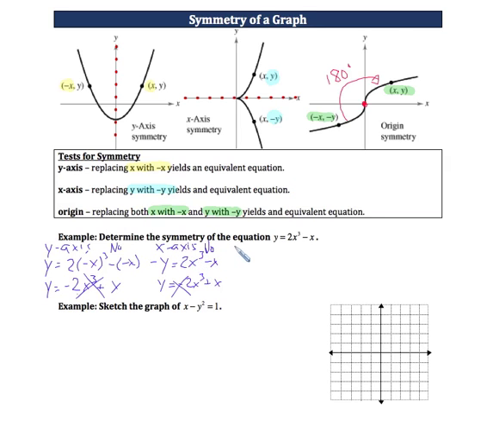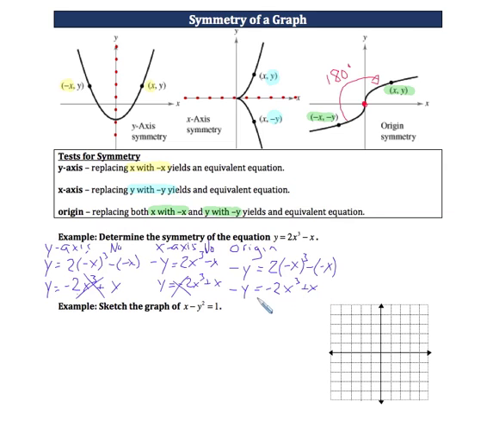So let's try our last one, origin. So here we want to replace both x and y with their opposites. So we get negative y equals 2 times negative x cubed minus negative x. Okay, so let's go ahead and do the right side first here, which we already did.